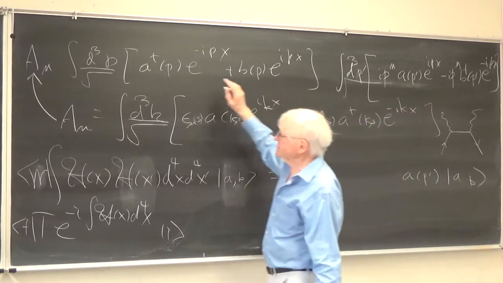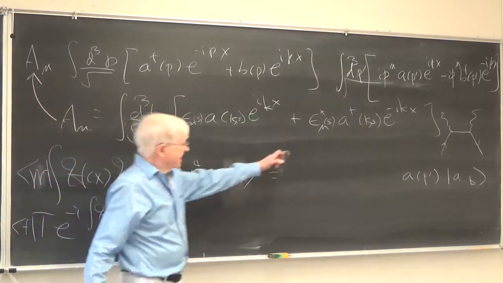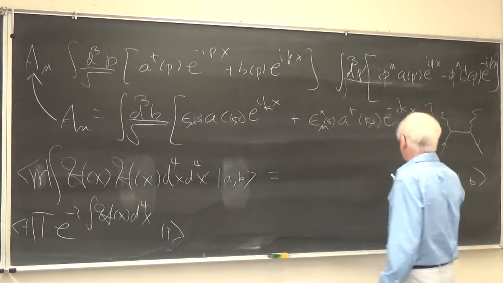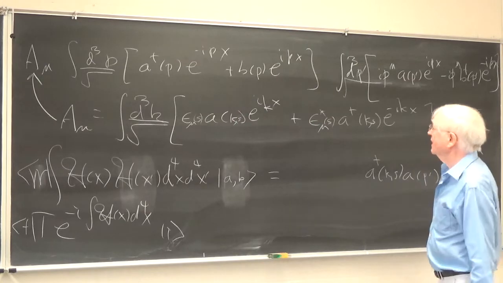And then that's multiplied by an A. This A has a creation operator for a photon, so we'll have a dagger of k and s.